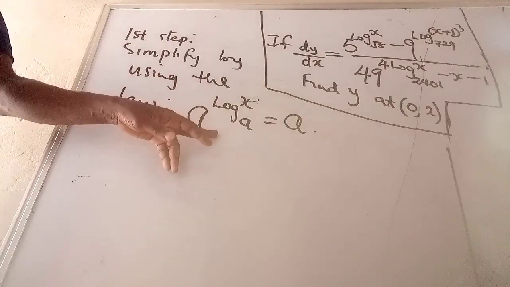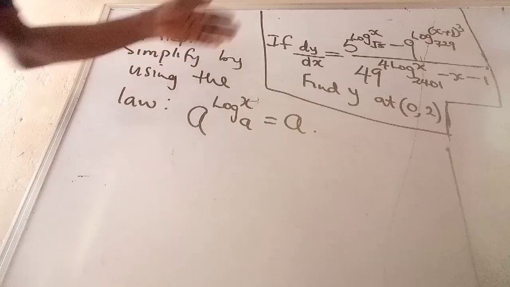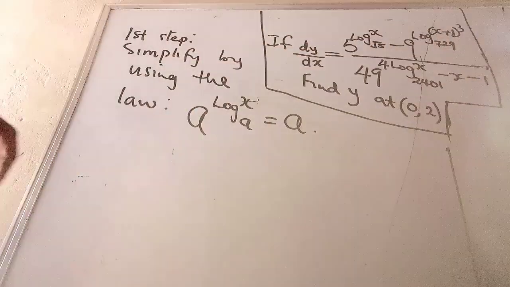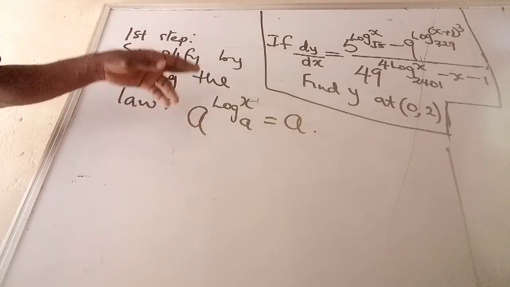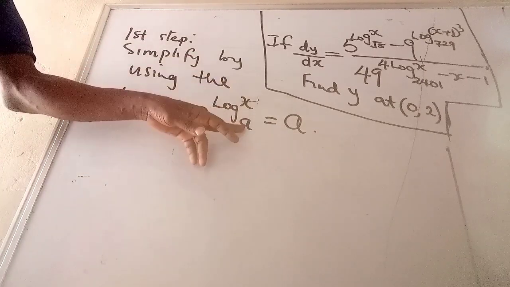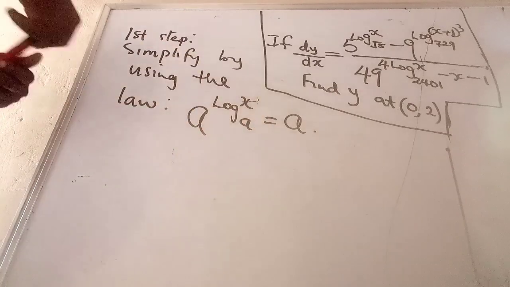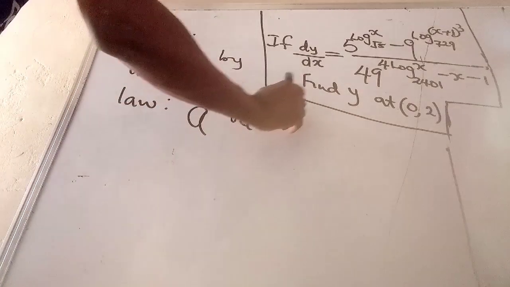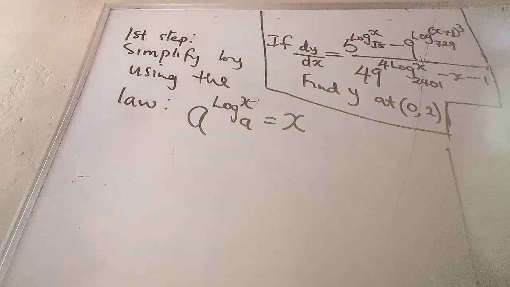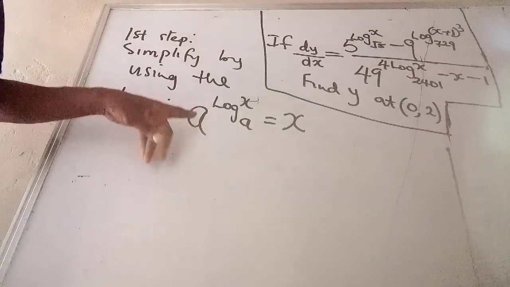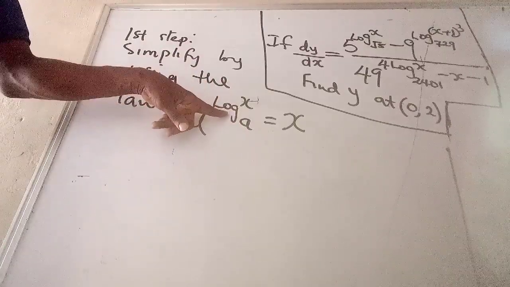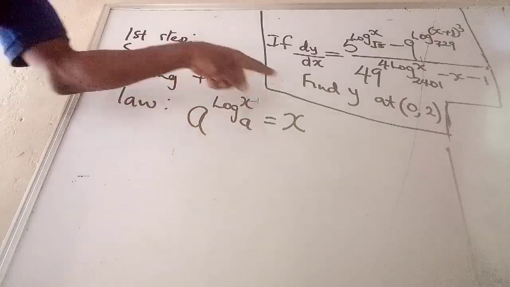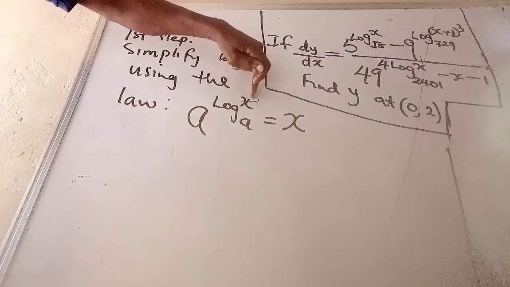This is the law that will be applied to simplify the whole of this. As you can see, a to log x base a equals x. That means when the carrier and the base of the log it carries are the same, the result will be the number to the log.